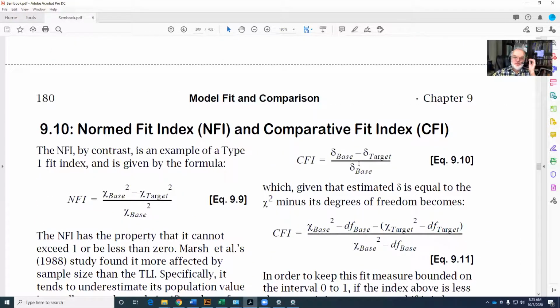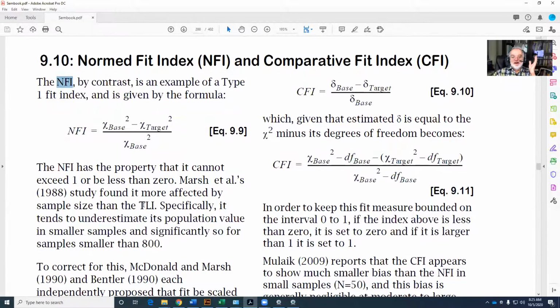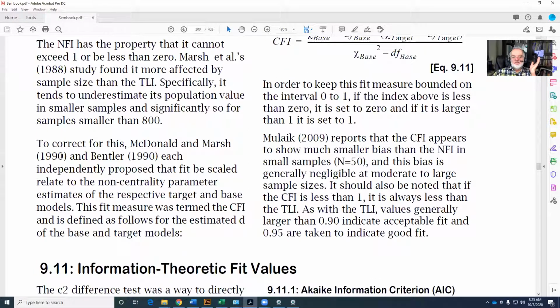All right, well, the norm fit index is beloved by some people because it goes on the range 0 to 1. And the formula for it is the chi-square for my base model minus the chi-square for my target model divided by the chi-square for my base model. So notice the degrees of freedom are kind of gone. It's scaled a little bit due to the estimated non-centrality parameter.